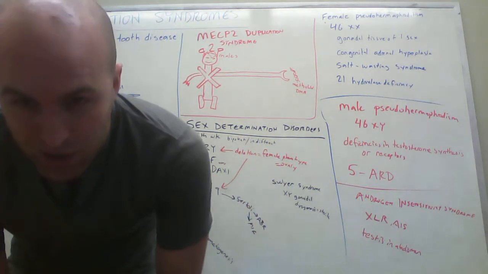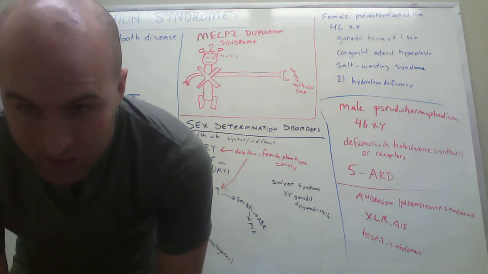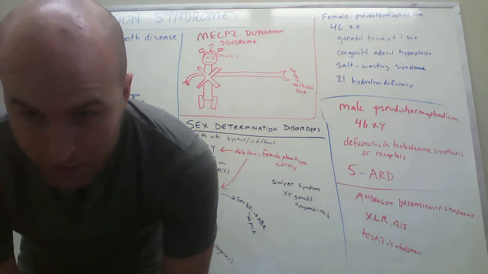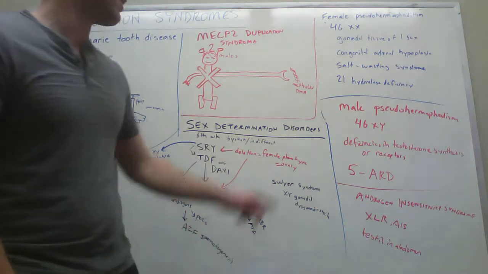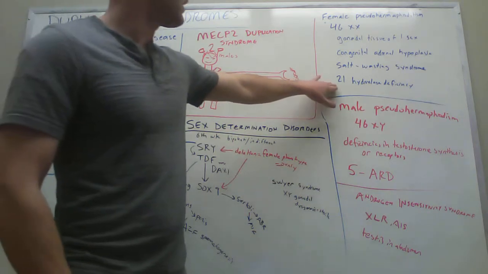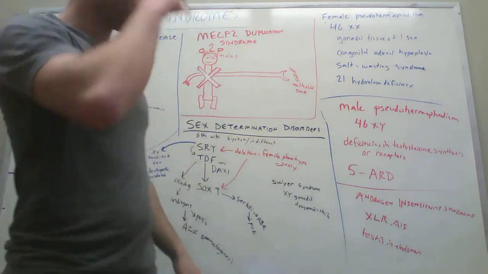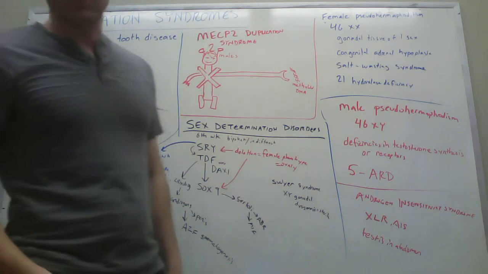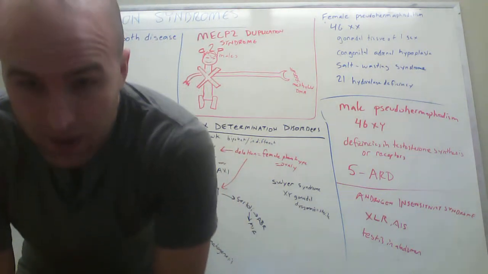And it's due to deficiency in 21-hydroxylase needed for normal glucocorticoid and mineralocorticoid biosynthetic pathway. So they don't have the 21-hydroxylase. How can you remember that? Think of a 21-year-old female who really wants salty things. I don't know. Maybe that would help.